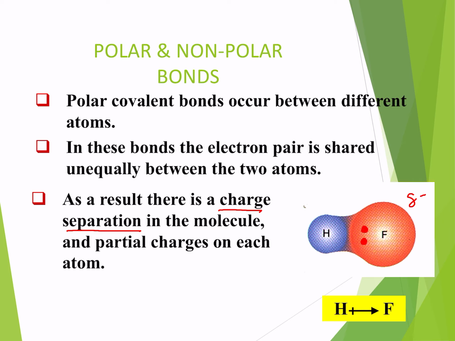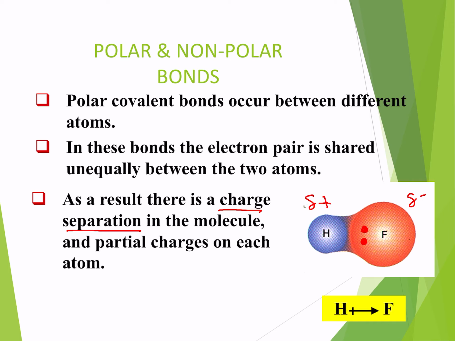Since the electrons are sitting closer to fluorine, hydrogen feels like it has lost some electrons. So hydrogen will get a partial positive charge.